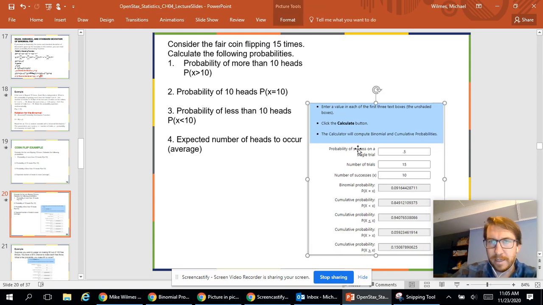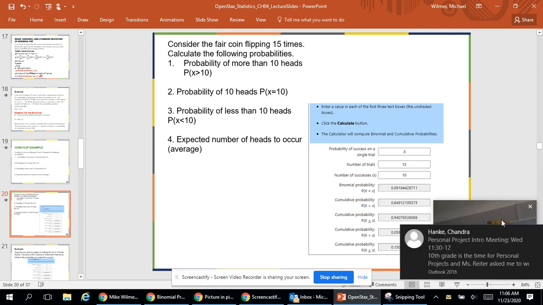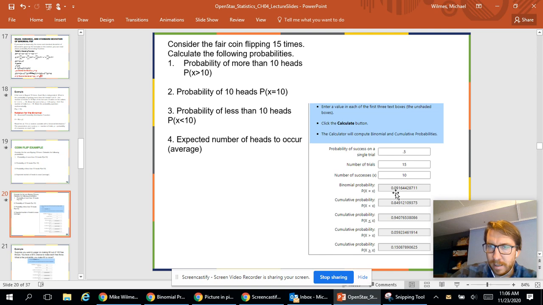And so I can summarize these. So the probability of more than 10 heads. Here our lowercase x, that's our number of successes, 10. And so when it says x equals 10, that's when we're right on 10 successes. So the chance for 10 successes is right there, about 0.09, so 9%.